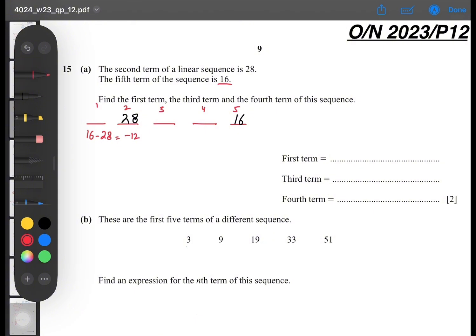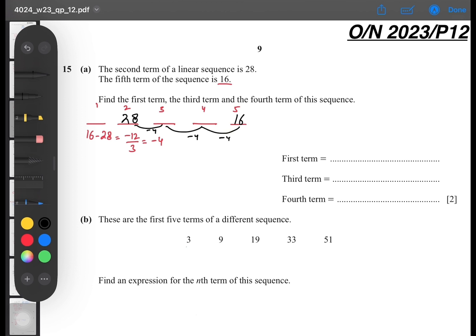So it will be minus 4. It means minus 4 is actually the difference of every term. So minus 4 is actually the rule of the sequence.